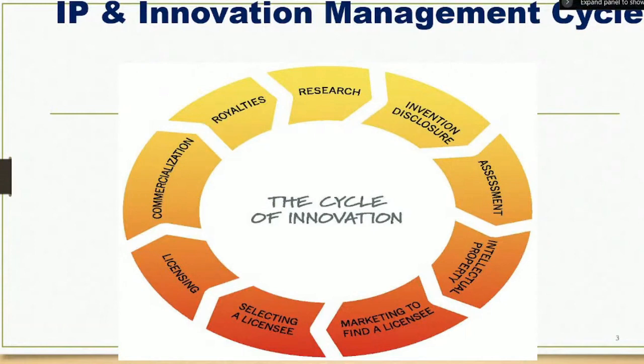Once you have convinced yourself, that is the time you should file a patent application. That is what we call invention disclosure. You need to disclose your invention: yes, this is the system, this is the hardware, this is the software I've used, these are the imaging processes I've used. I've integrated all of them to find out, on a real-time basis, who are all the people attending this class.